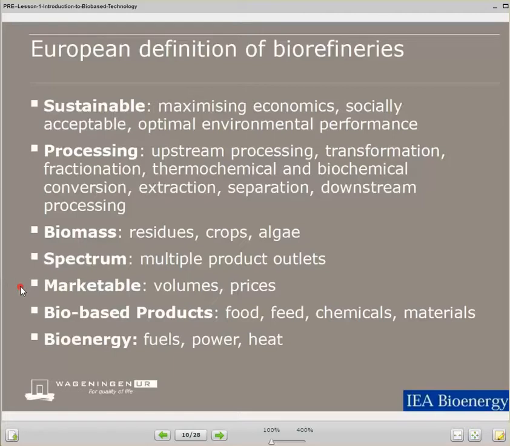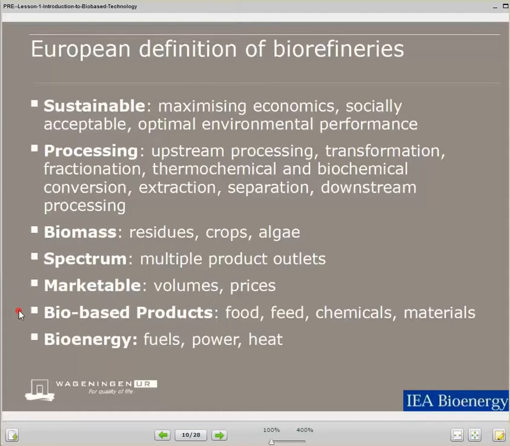While some researchers focus on small-scale biorefineries, it must be produced at a volume enough to be consumed. It's not just a local soap maker, for example. It has to be industrial level.